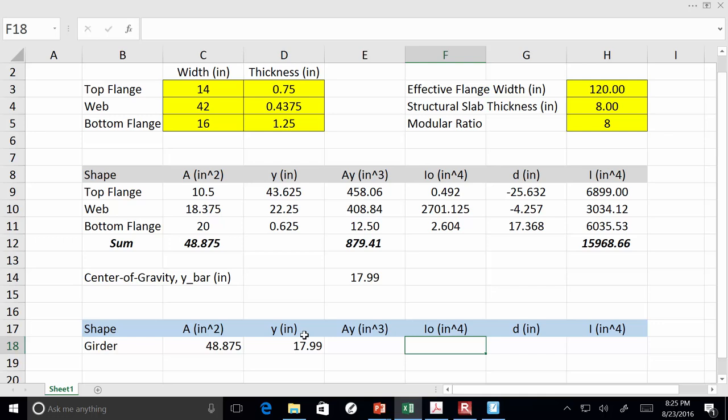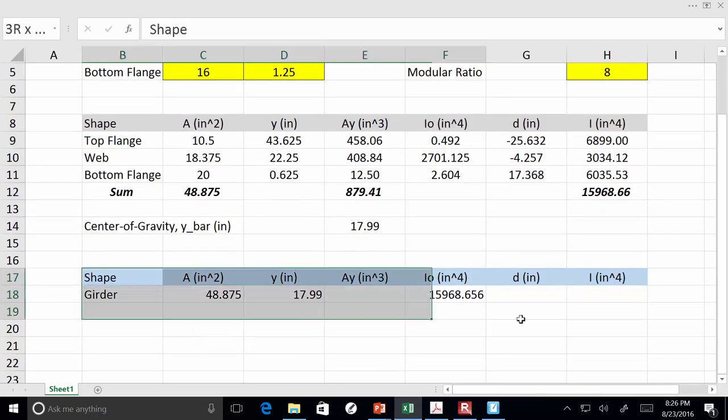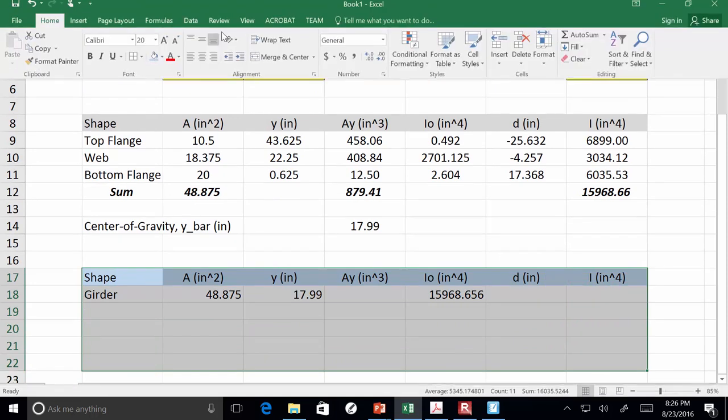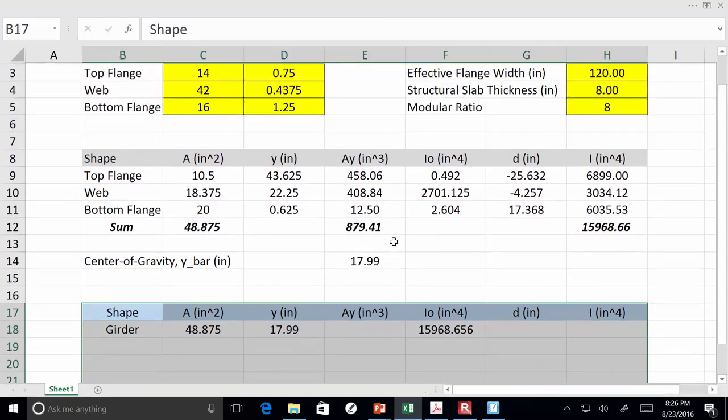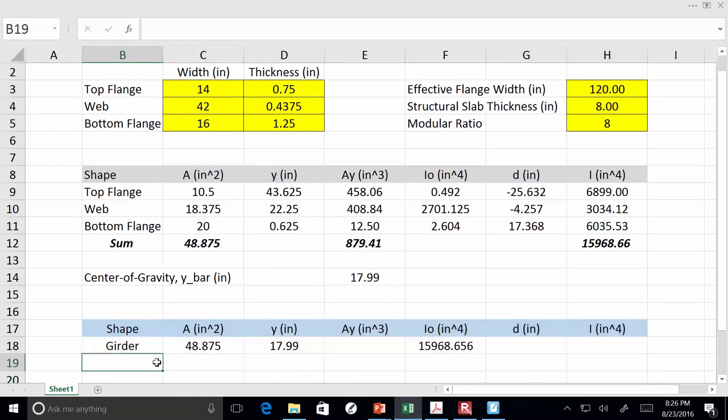It's this, right? So instead of doing that math all over again, just realize that we've already done it once. We don't need to do it again. And let me center all this up too. We can just keep it simple. All right. So those are all the necessary section properties that we need for the girder.